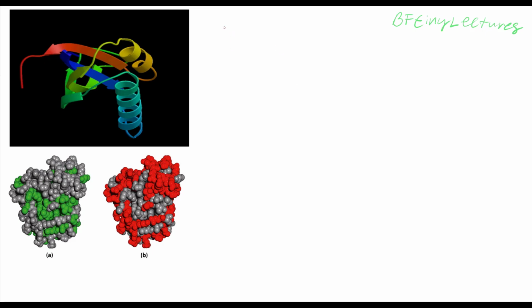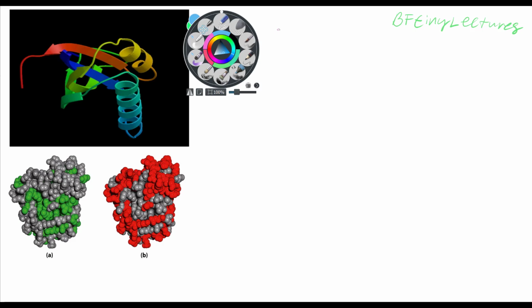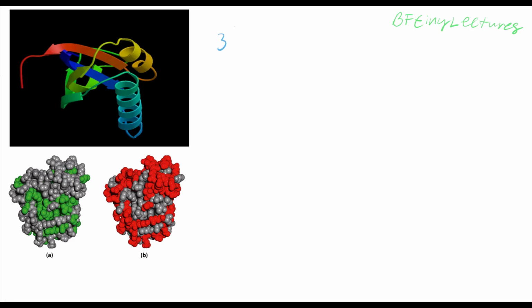So the tertiary structure is the global arrangement of all atoms.